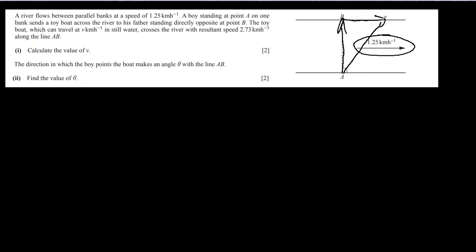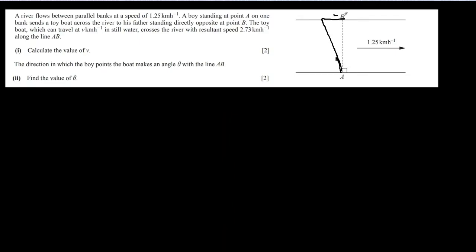So the resultant will be in this direction. But his father is standing at B. The toy boat will not reach his father. It will reach on his left. So it would be better if the boy drives his toy boat in this direction.